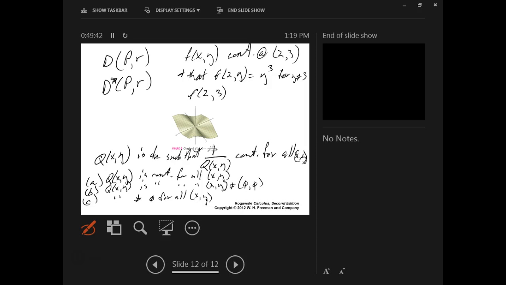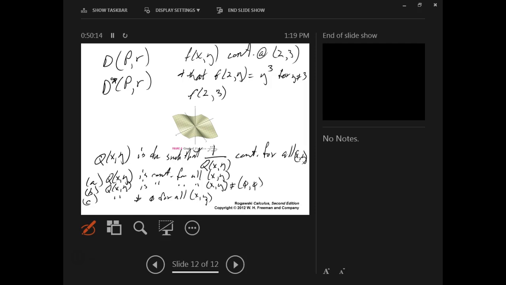It says, which of the following statements are true, which indicates to me that more than one could be true. If it says, which of the following statements is true, that implies only one of them is true. Okay? That Q of xy is continuous for all xy. Now, all we know is that 1 over Q of xy is continuous for all xy.